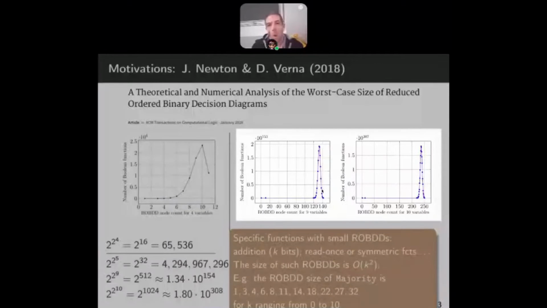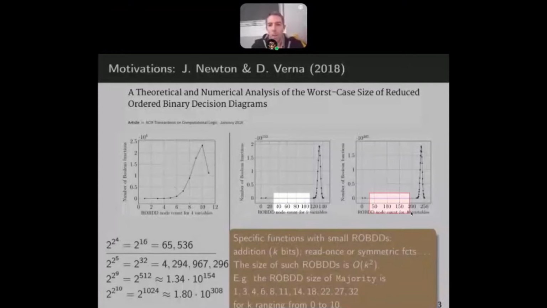But as you can see, there are many ranges of ROBDD sizes for which they were not able to sample any function with ROBDDs in these ranges. So my first goal is to be able to compute exactly the distribution of the ROBDD size for functions with a larger number of variables than 4.